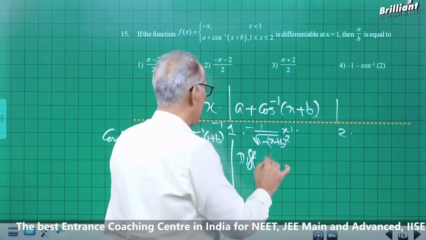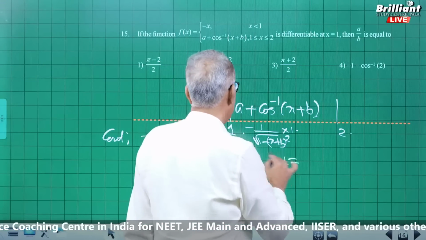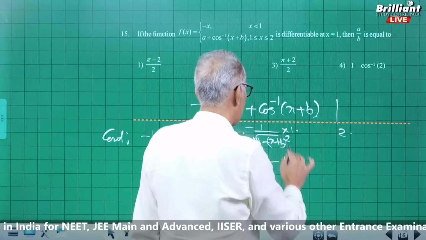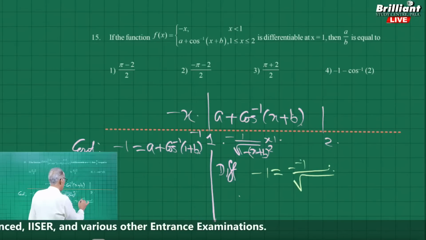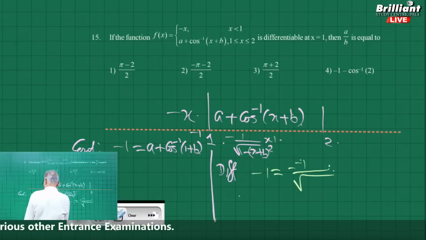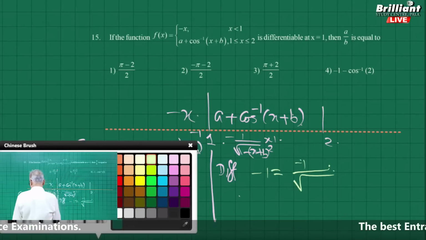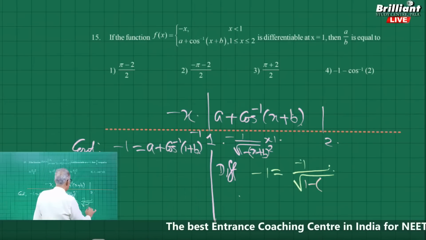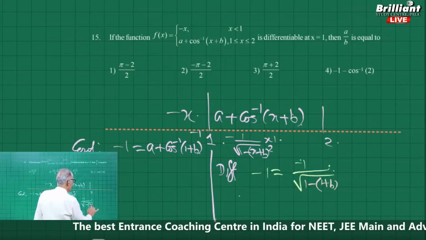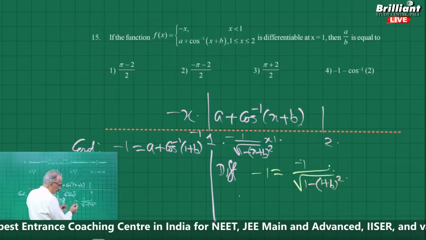So left derivative, that is minus 1, equal to, what is this? We substitute over here: minus 1 divided by root of 1 minus 1 plus b the whole square. You see minus minus cancel.